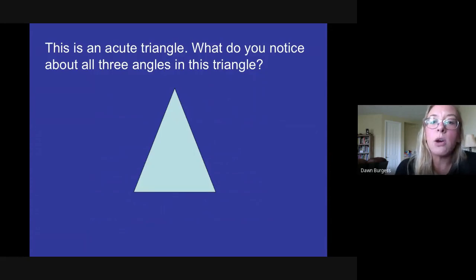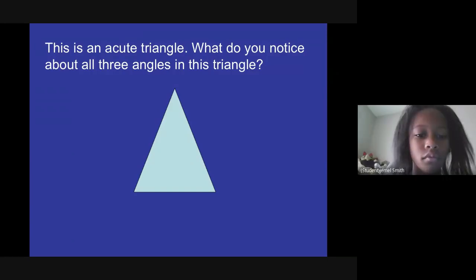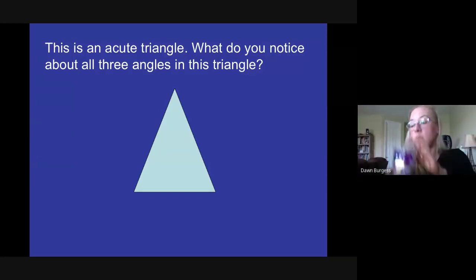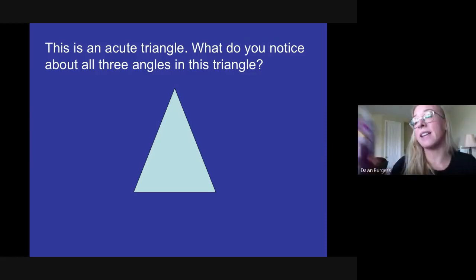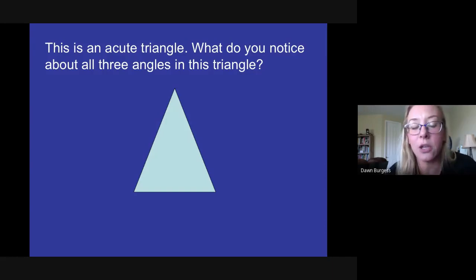What do you notice about all three angles in this triangle? Do you see any right angles? No, they're all acute. Exactly. They're all acute. Okay, so an acute triangle just literally means that it is made up of three acute angles.